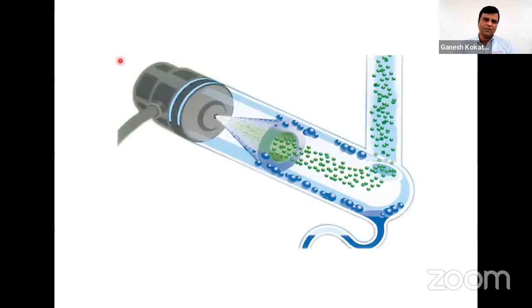Whenever any mobile phase passes after the column into the detector, some nitrogen gas is provided to get nebulization, to form a spray, nothing else.